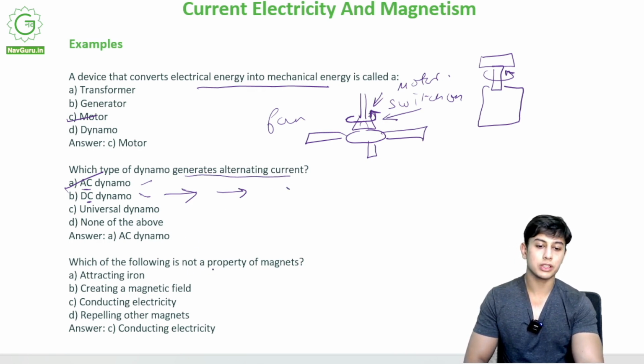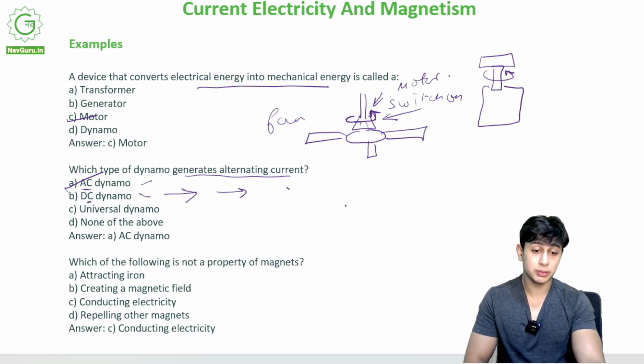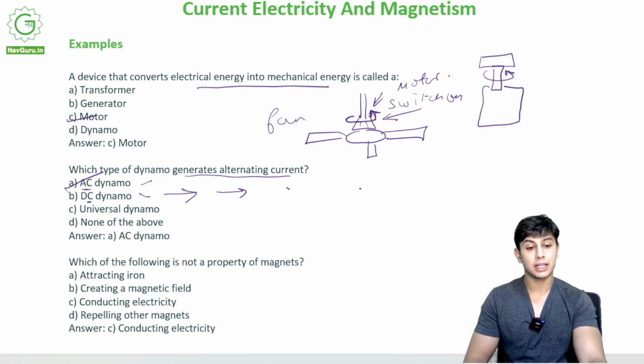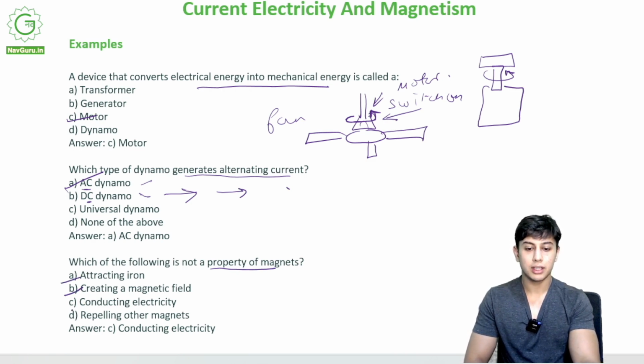Which of the following is not a property of magnets? Magnets can attract something, magnets can repel something, and electricity can produce magnetism. So what is a property of magnets? Attracting iron, creating a magnetic field, conducting electricity, repelling other magnets.